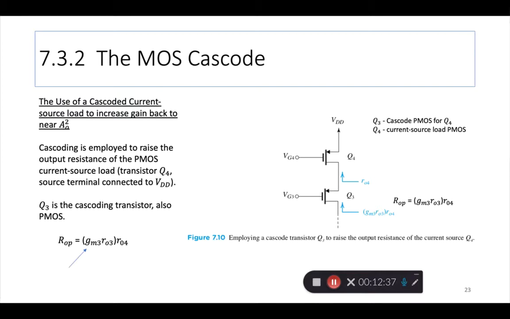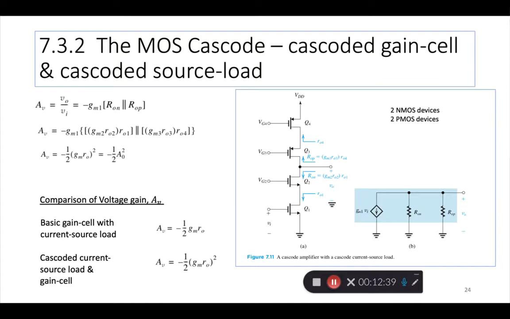That means how much the output resistance has increased, and correspondingly we'll notice that the voltage gain with that load has increased. It now becomes not exactly intrinsic voltage gain square, but half of it, which is still much better than just A0, right? So you do get the A0 square, but unfortunately it is reduced by half. But the mathematics still tells us that this is a higher gain in most situations.